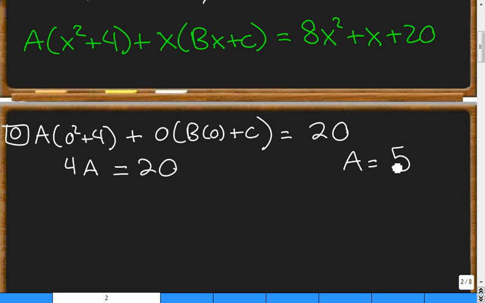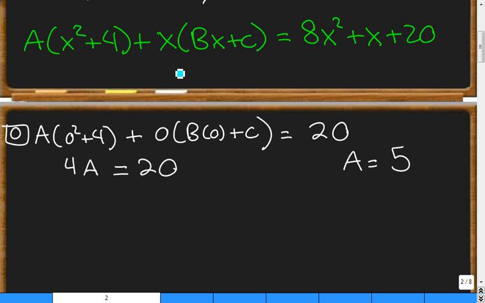Now for the second part, we are going to use this A value of 5 to go forward and help figure out different numbers to use here. So we're going to plug in 1 for x, just to make things simple for us.